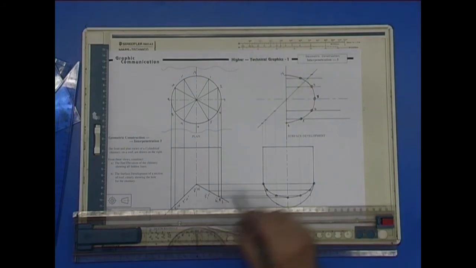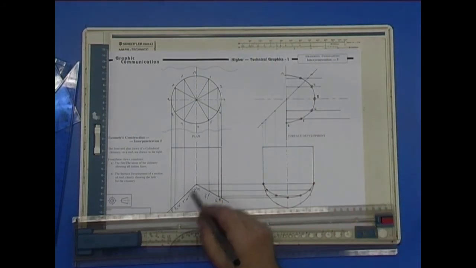So what we've done is we've drawn one side of the curve, and now we have to draw the other side.